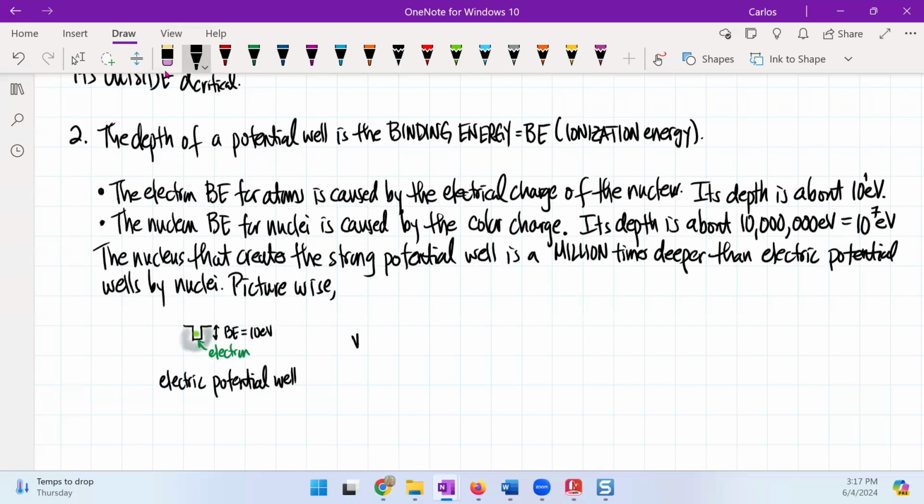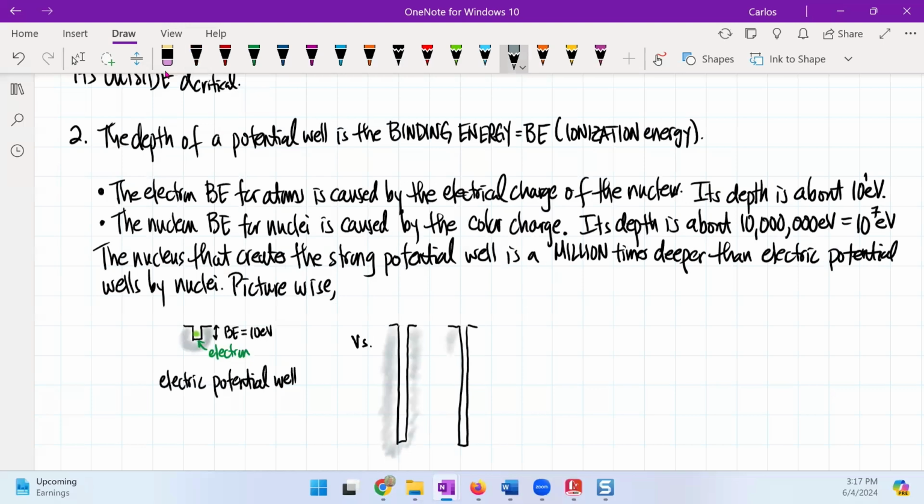Now, if I compare this to the nuclear ones, they are much, much deeper, considerably deeper. When I'm looking at my well, they also have forbidden regions.